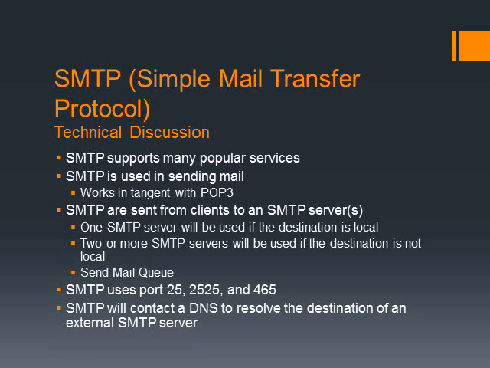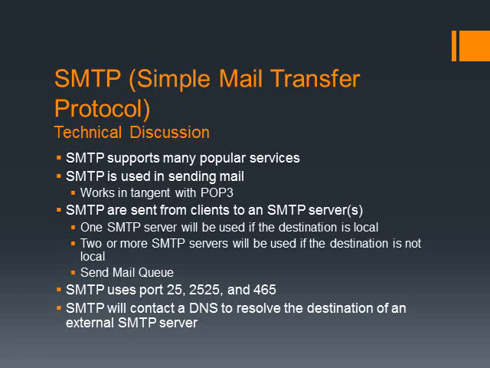The SMTP server will go to the DNS and look up the address of the yahoo.com server. It will send it to the server, but not only that, it'll also put the message in a mail queue in case the server does not get the message. Once the server gets the message, it deletes it from the mail queue.